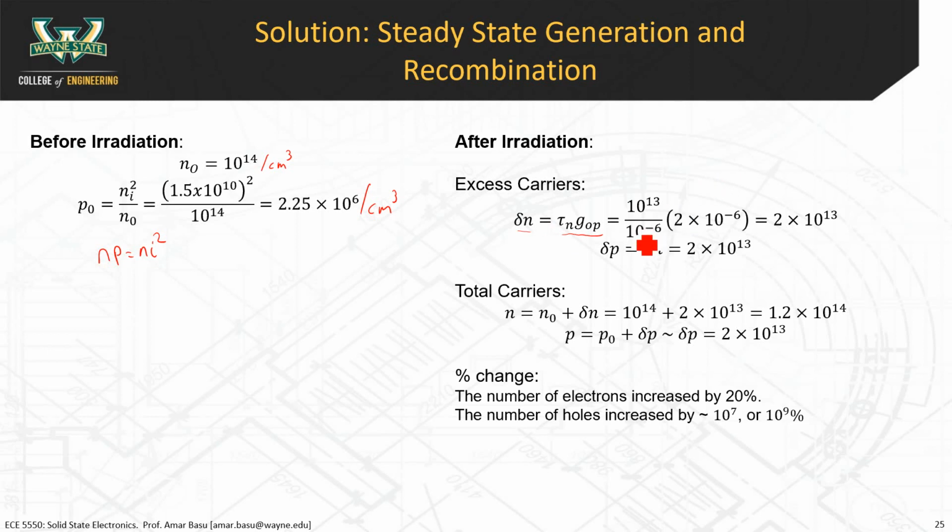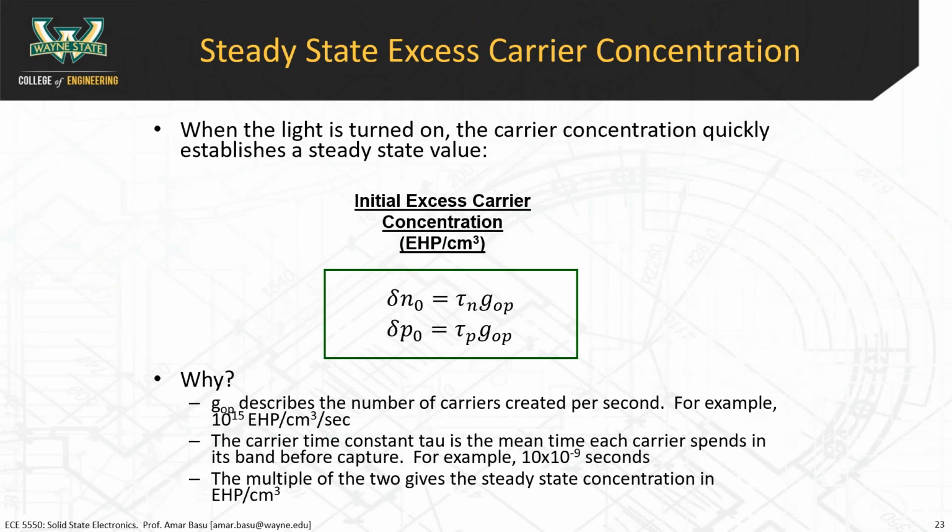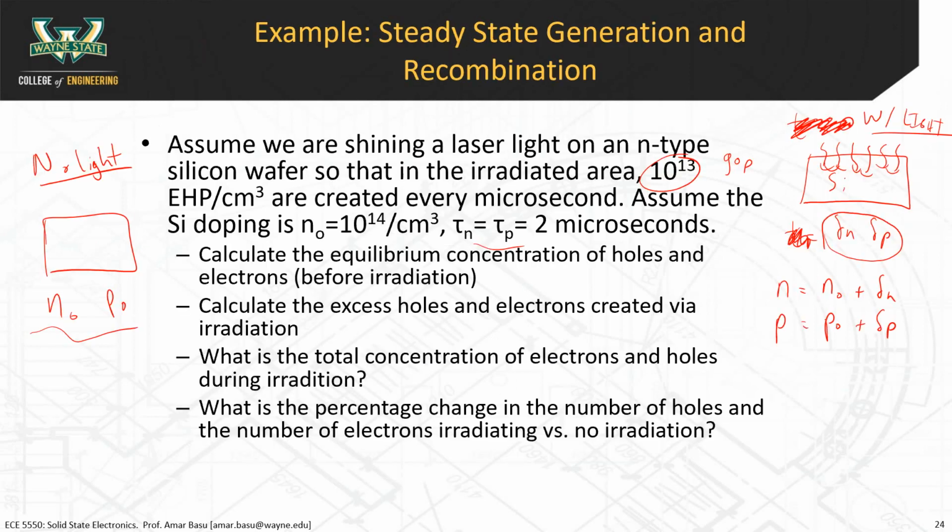Your tau n, okay, let me show you what's happening here. This is just a little bit of a unit conversion we have to do here. They're giving you the tau n and tau p in microseconds.